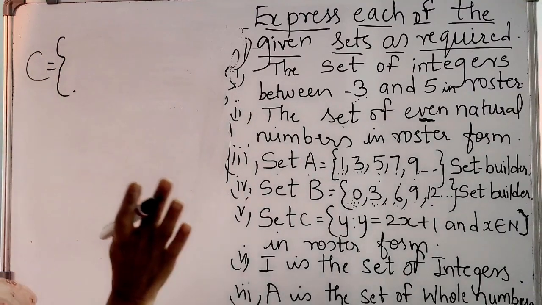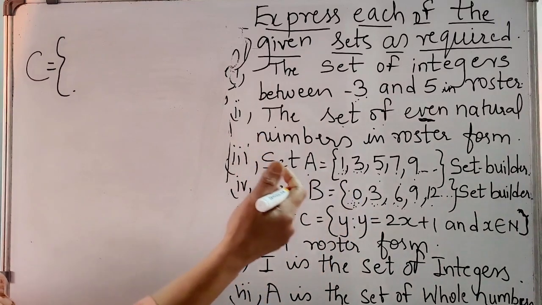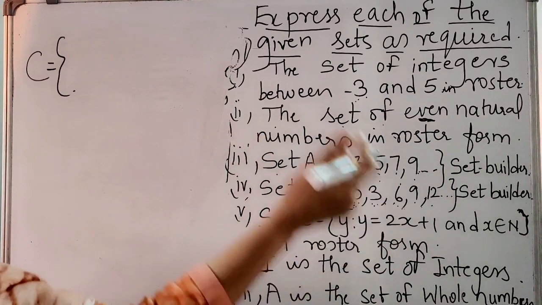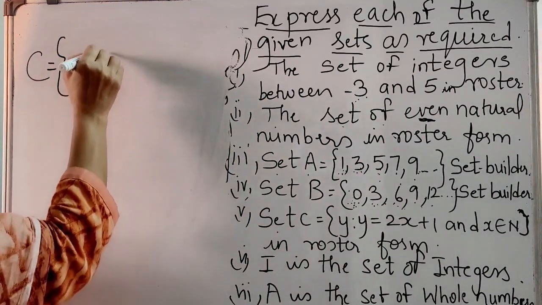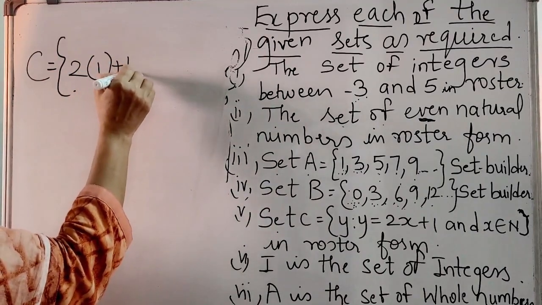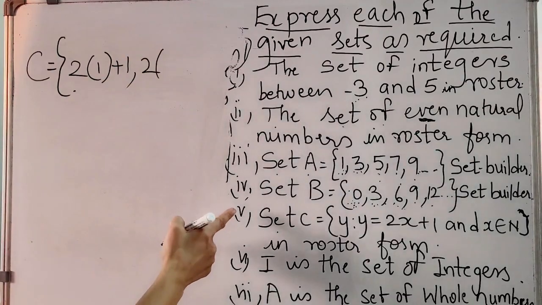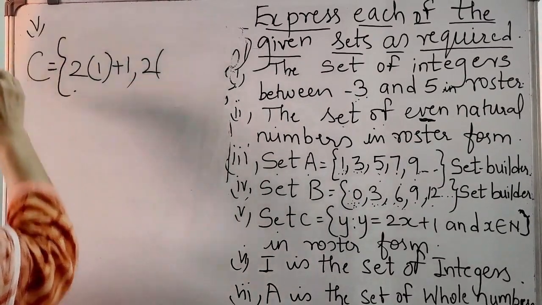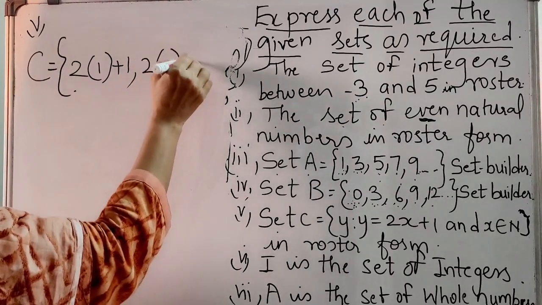So now x can be 1. It's a natural number, it starts with 1, 2, 3, 4. So it starts with 1. Now I put x as 1 in the equation, so we get the first number. Next is 2 plus 1.